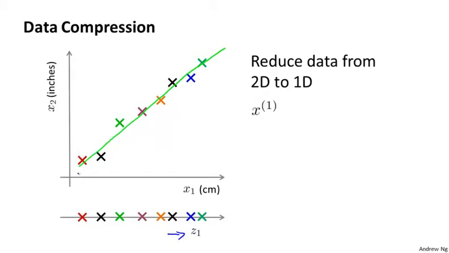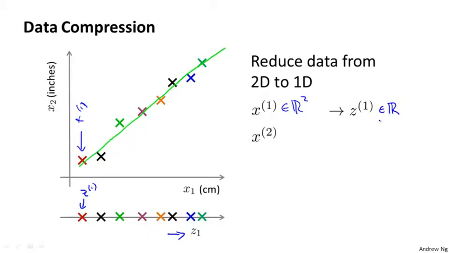And what this means is that previously, if I had an example x1, maybe this was my first example, in order to represent x1, I needed a two-dimensional feature vector. Instead, now I can use just z1 to represent my first example, and that's going to be a real number.